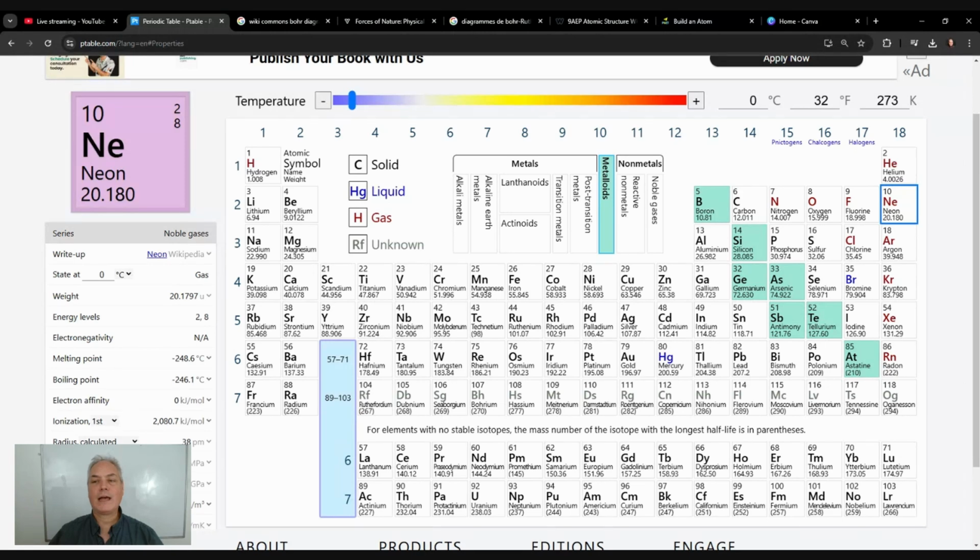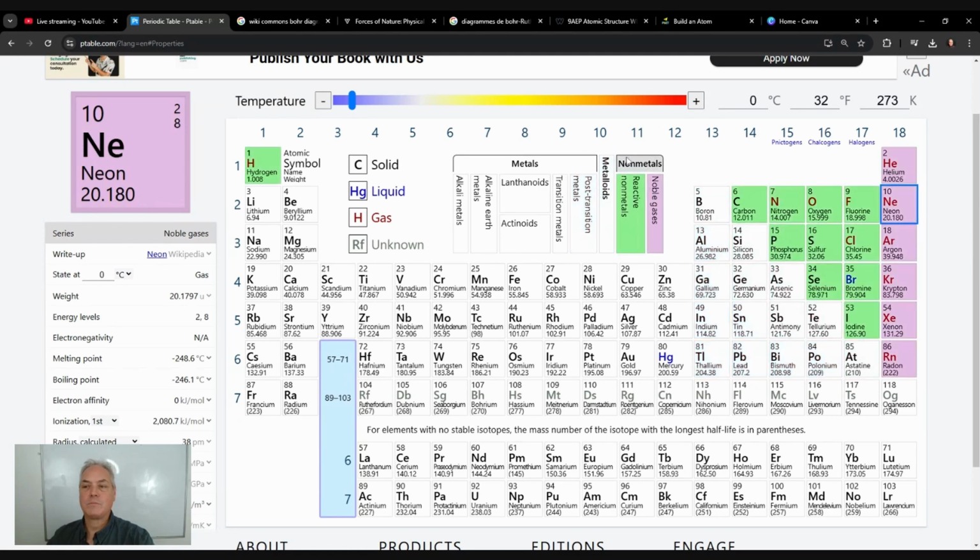So if metalloids are in contact with non-metals, they can sometimes act in a similar way to metals. If metalloids are in contact with metals, for example the alkali metals, they may at that time react in a similar fashion to a non-metal. So that's what makes the metalloids interesting.